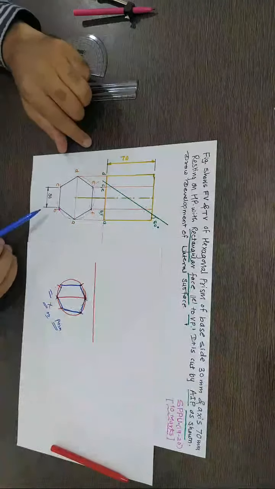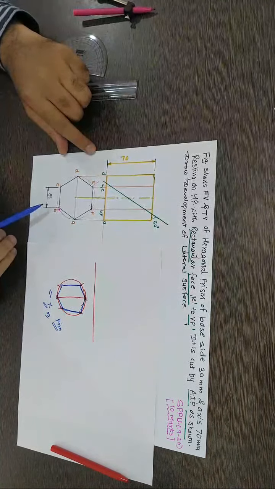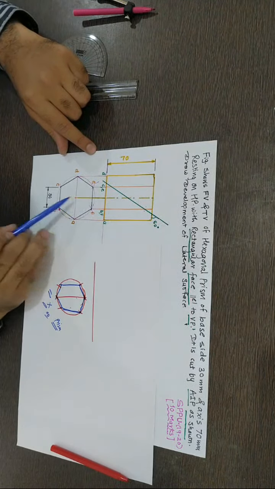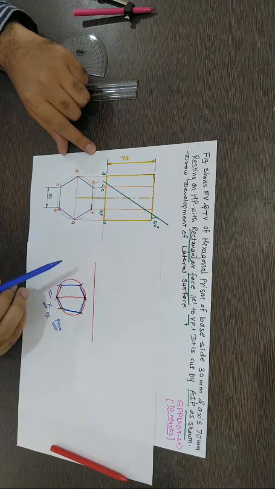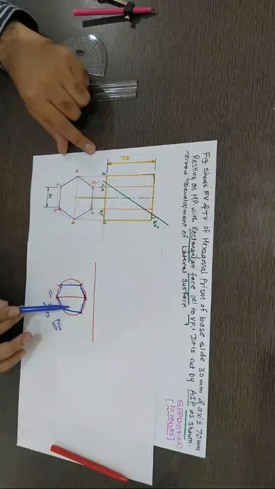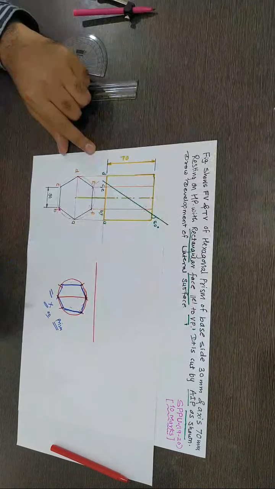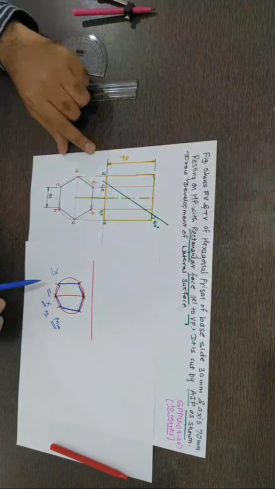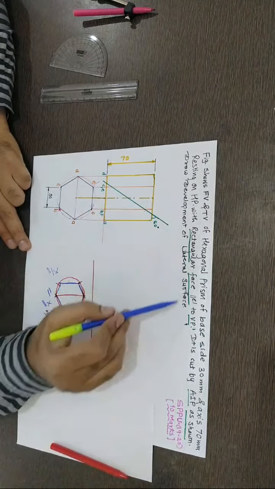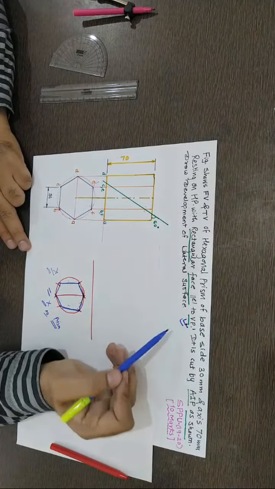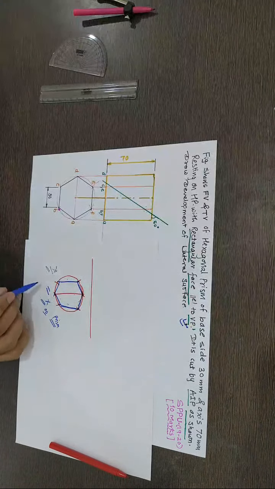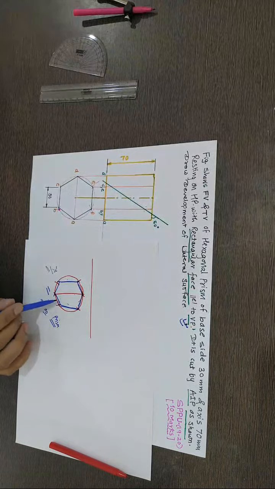Even if the diagram is not given, you should draw this hexagonal prism resting on a corner in this position, so that you get these two faces parallel to the XY line, meaning parallel to VP. In this other position of the hexagon, we don't have any face parallel to VP, so this is the wrong way, because it is mentioned that a rectangular face should be parallel to VP. That's why we are talking about this. So this is the first trick. If you draw this case, you'll get a 0 mark.